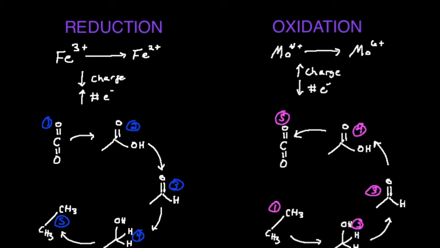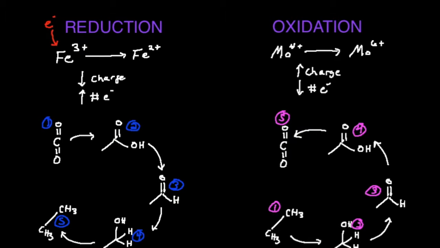But that also corresponds to an increase in the number of electrons, because if I take this iron 3+ and add 1 electron to it, that reduces it into the 2+ state. So for transition metals and things like that, reduction is a decrease in charge, and also an increase in the number of electrons in an atom.